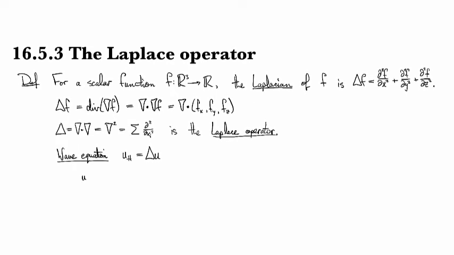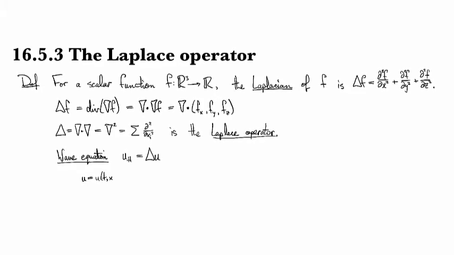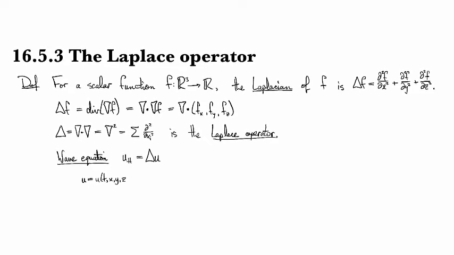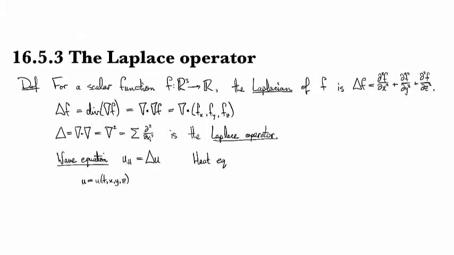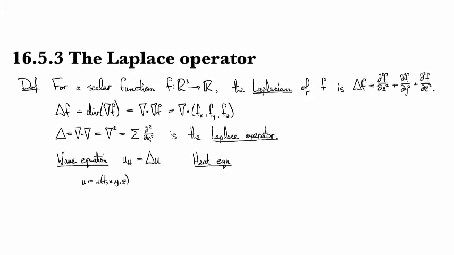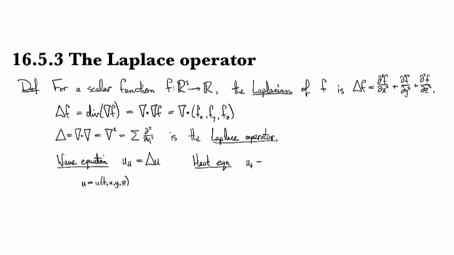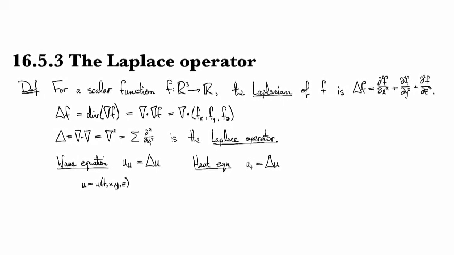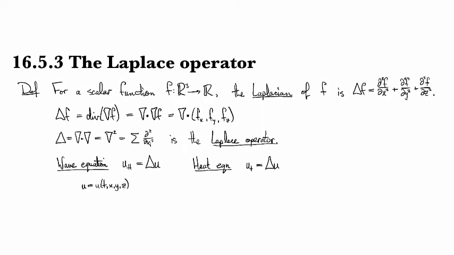In this case, u is a function of time and also some space variables, so x and y if you're in a two-dimensional wave, or x, y, and z if you're in a three-dimensional wave, etc. Also, the heat equation in higher dimensions, where the time derivative of u is equal to the Laplacian of u. And once again, u is a function of t and also some number of spatial variables.